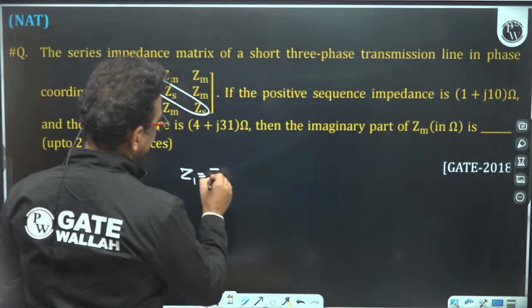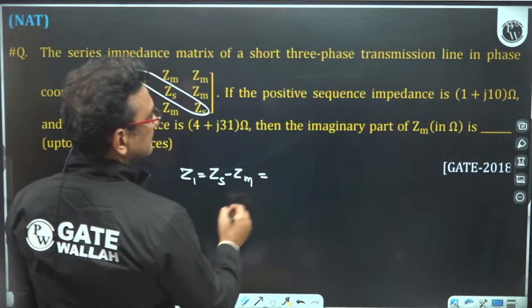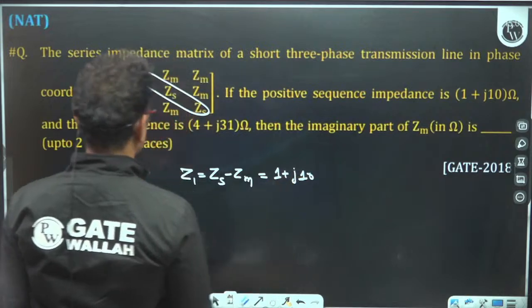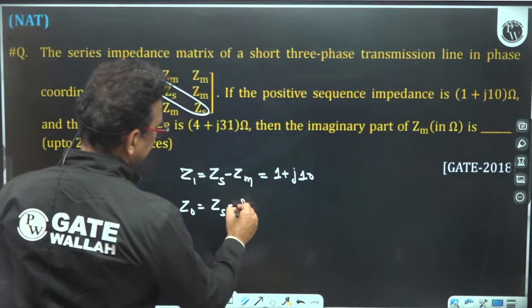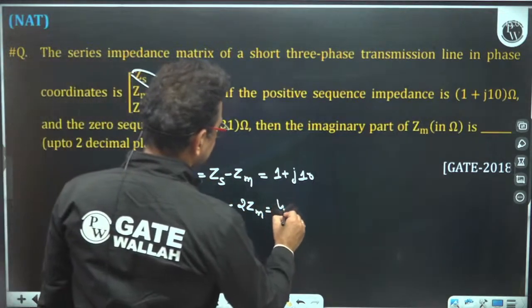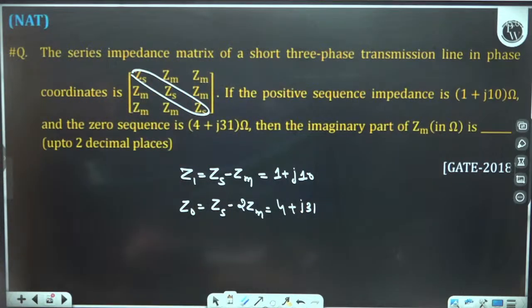It is nothing but Zs minus Zm. So Zs minus Zm is given, it is 1 plus J10. Zero sequence impedance is Zs plus 2 Zm. It is given 4 plus J31. Now find out the imaginary part of Zm.